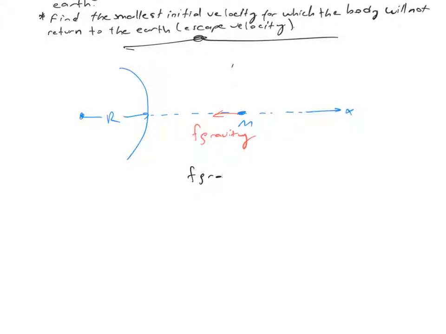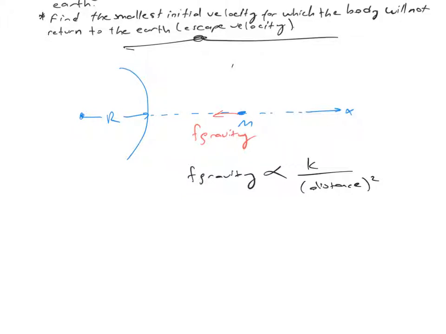F gravity is some constant over distance squared. Gravitational force is calculated according to the center of the Earth, so the distance here is r plus x.